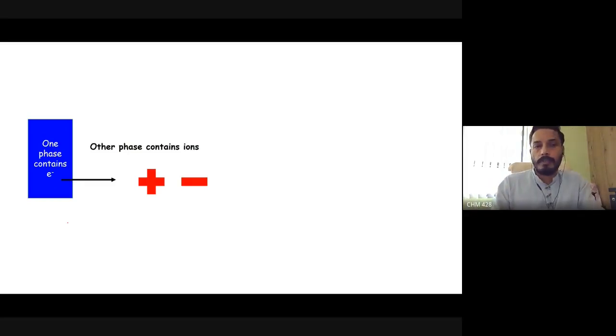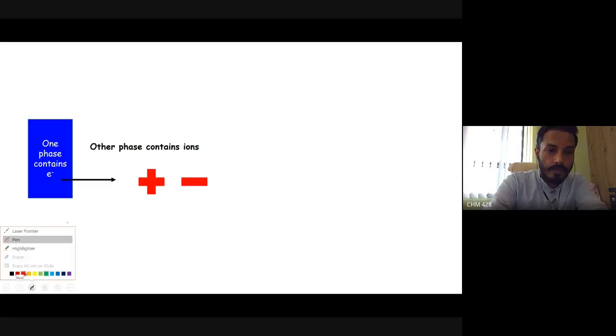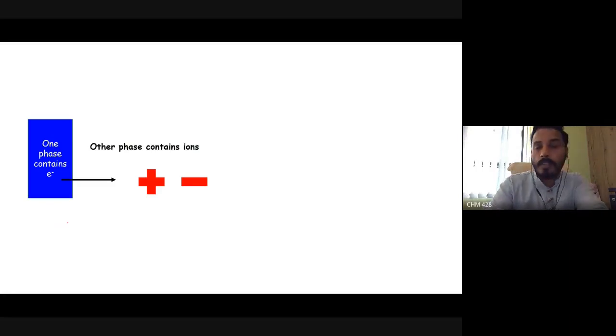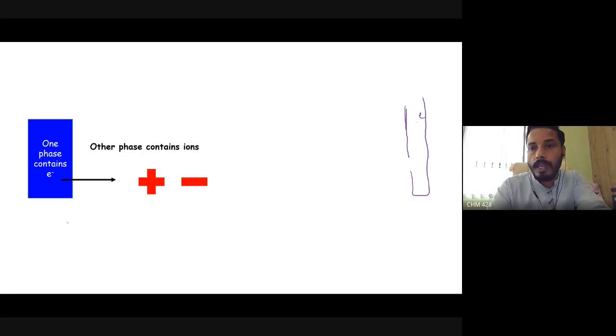And suppose I imagine that my electrode is like a tank full of electrons. It's a tank full of electrons, because it contains free electrons.